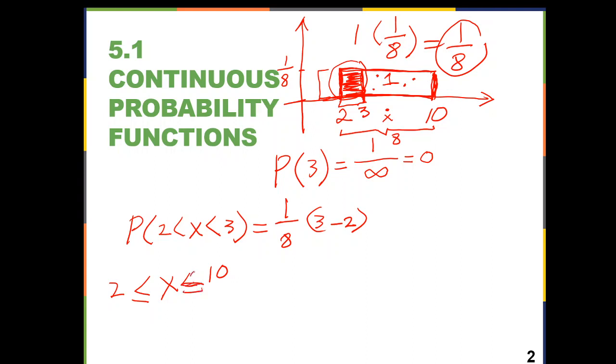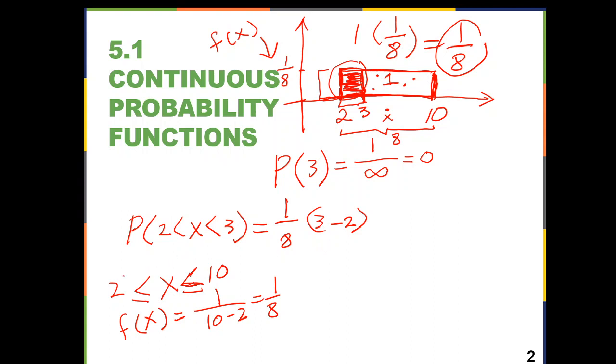And then the height right here, we're going to call f of x, like in algebra. And f of x is going to be 1 divided by 10 minus 2, which is 1 over 8 in this case.